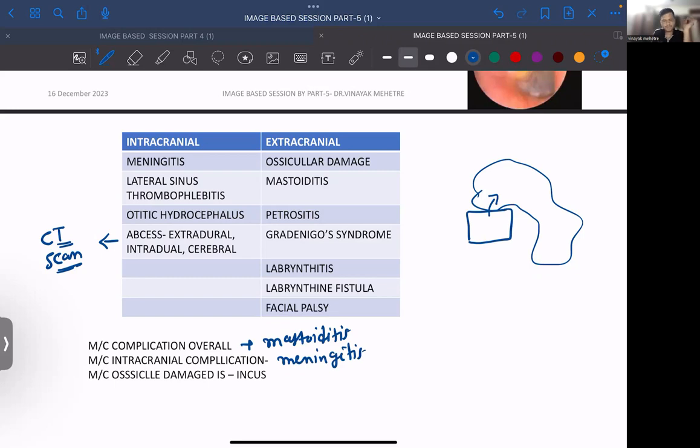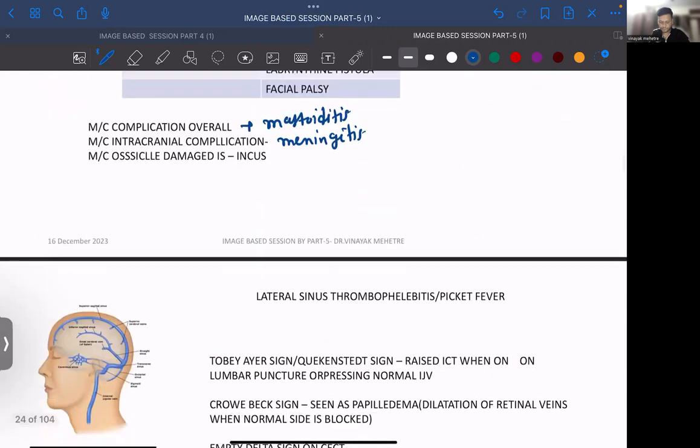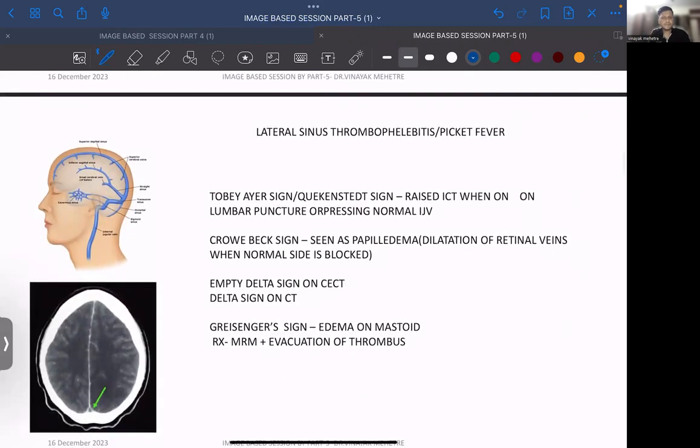Most common damage is incus, okay, incus.